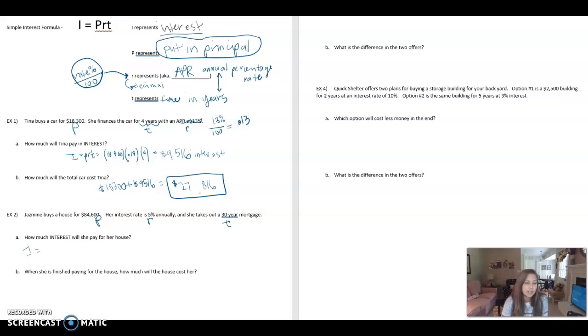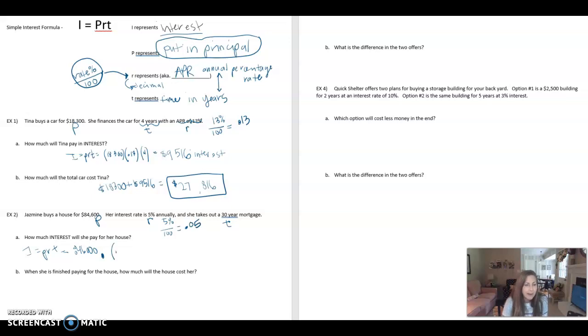So again, we plug into the formula, PRT. She puts in $84,600 times the rate, which is 5%. Now remember, we have to divide that by 100. Watch your decimal. This will be 0.05, not 0.5.